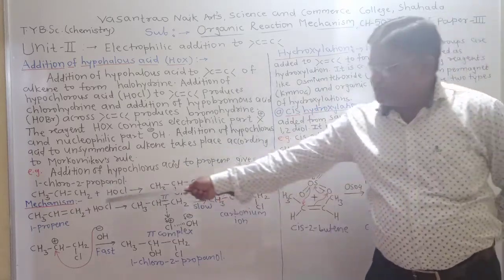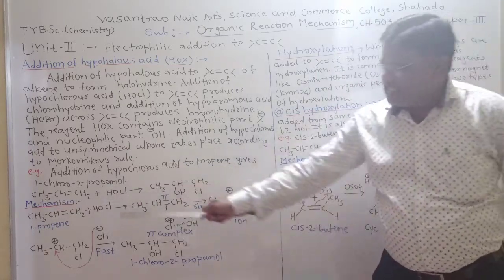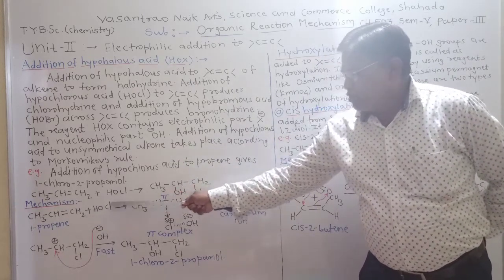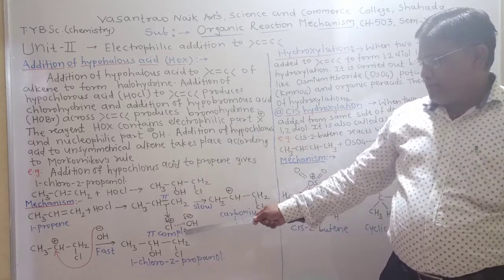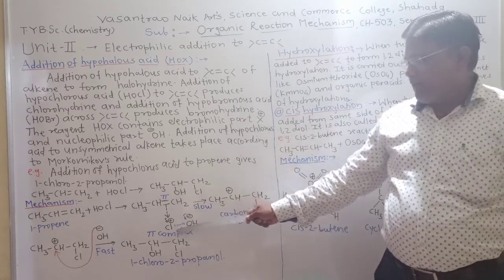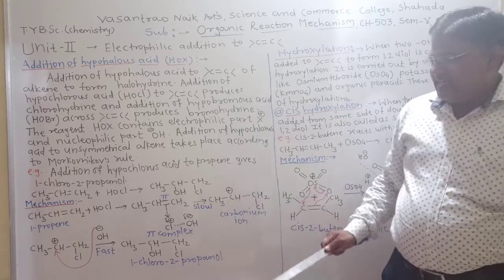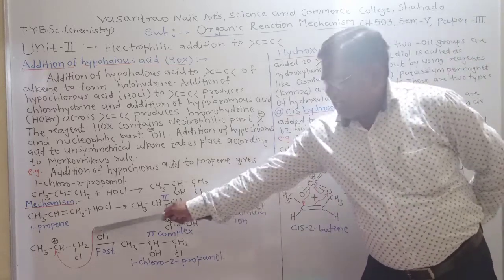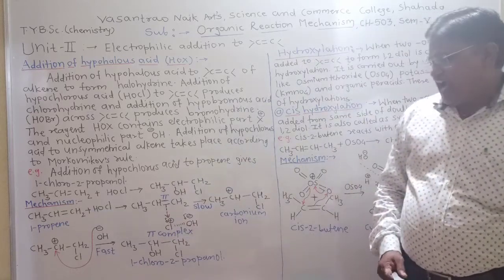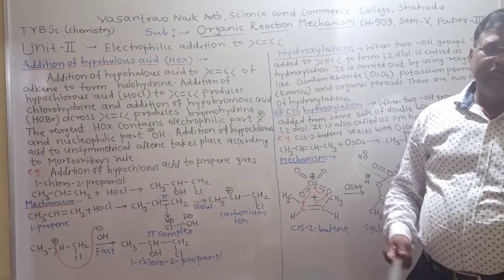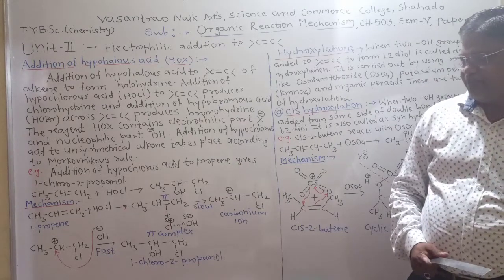Now the mechanism. Propene reacts with hypochlorous acid to form a pi complex. This pi complex rearranges to a carbonium ion, this nucleophile attacks the carbonium ion, and we get 1-chloro-2-propanol. But how does this mechanism take place?